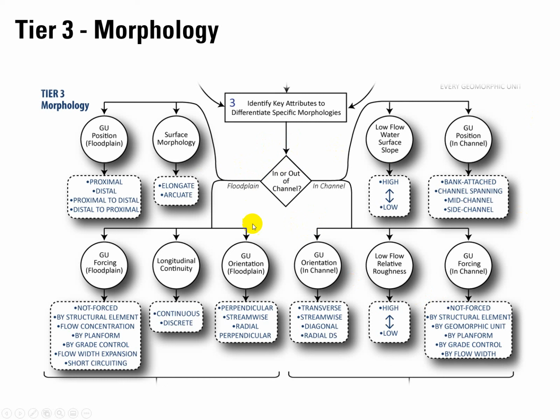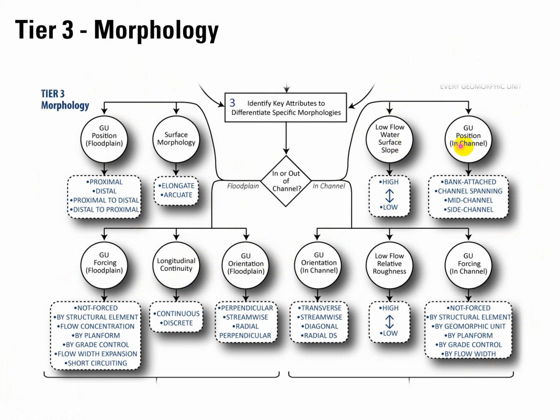The two sides here have similar attributes, but they're slightly different because this side is dealing with floodplain. Turn on my laser pointer. So this is turning on floodplain. So we look at surface morphology, the position on the floodplain, forcing, longitudinal continuity, and the orientation. Versus on this side, we're looking at in-channel units. And we're just going to focus our attention today on in-channel units.